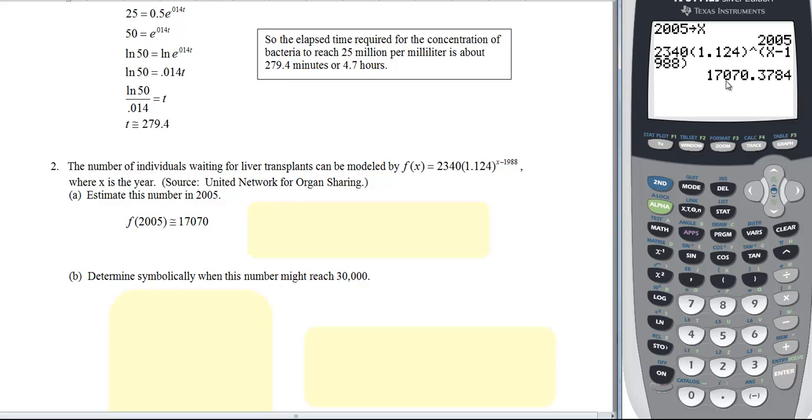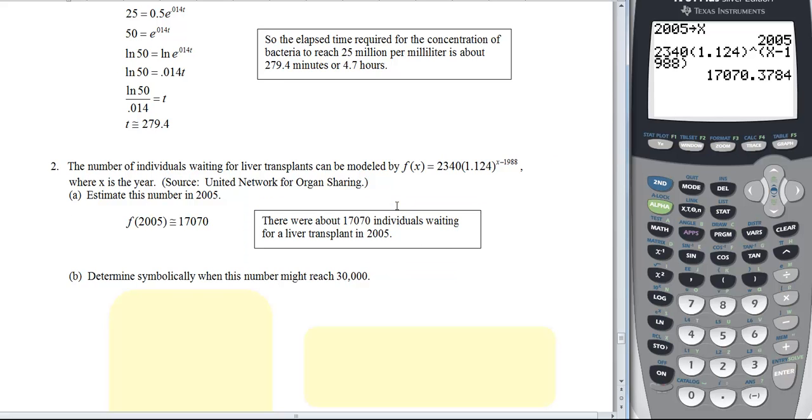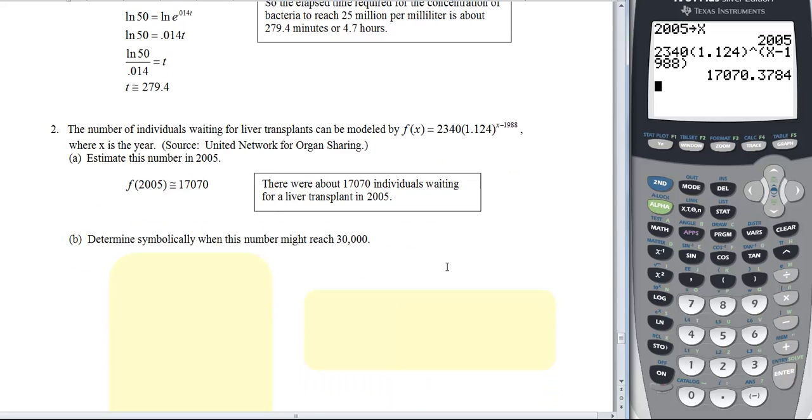Looks like a little over 17,000 approximately. So there were about 17,070 individuals waiting for a liver transplant in 2005. Now, when you are given applications, you've got to know, and they have to tell you, what your Y represents and what your X represents.